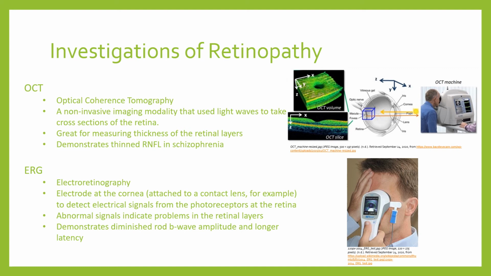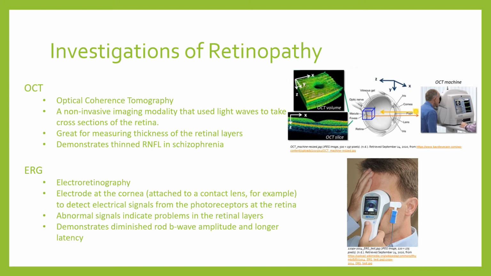You're probably wondering if there are ways to quantify these findings, and there are some investigations that can be done in terms of retinopathy. We'll introduce the OCT and the ERG. First, the OCT is optical coherence tomography, and this is a non-invasive imaging modality that uses light waves to take cross sections of the retina.